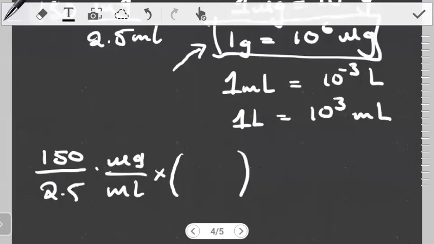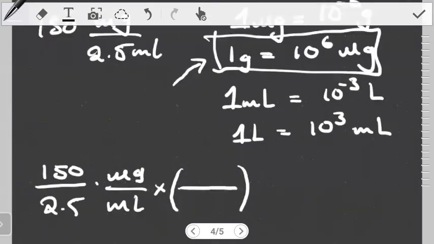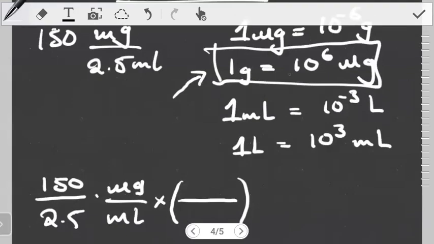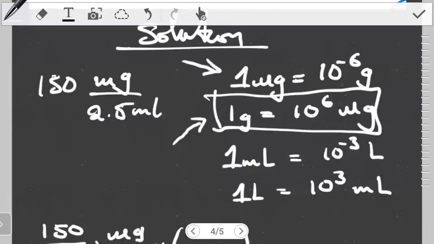I have to observe that the unit I want to eliminate is in the numerator, so I'm going to position it in the denominator. It doesn't matter if you use this version of the relationship or the one with the negative power, you will get the same answer. I always prefer the positive one.